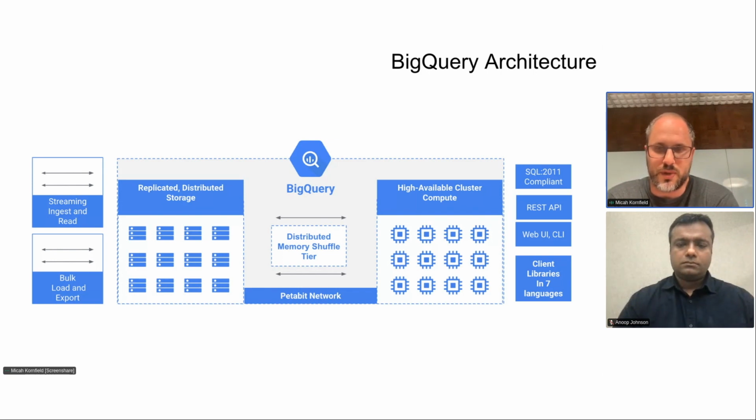It runs on top of a petabit network, and we have large clusters of compute and large clusters of storage, which are disaggregated. For ingress, we allow for bulk loads from object stores and for streaming. And we allow for writing back out to object stores, and also an entire managed storage component.